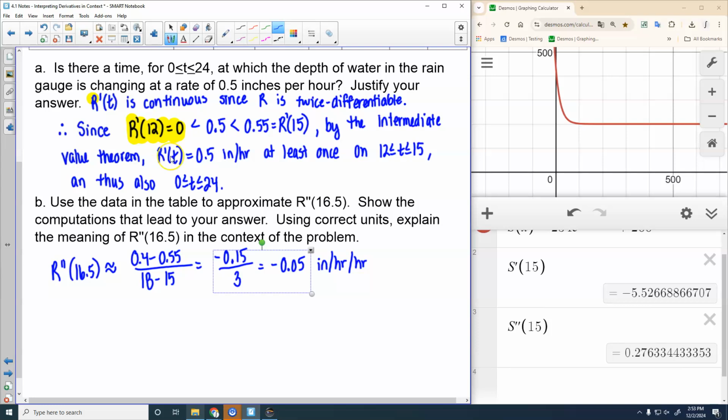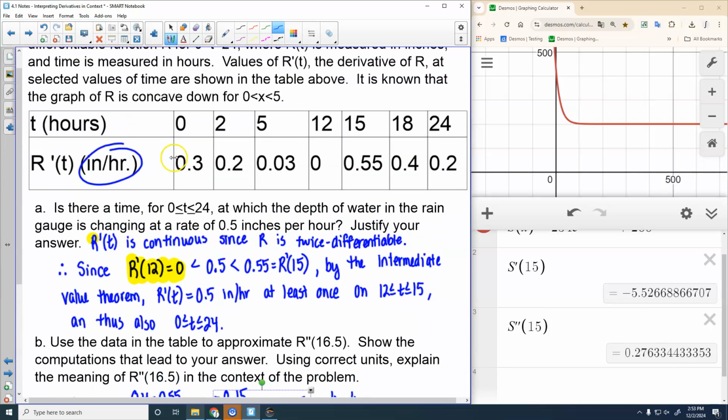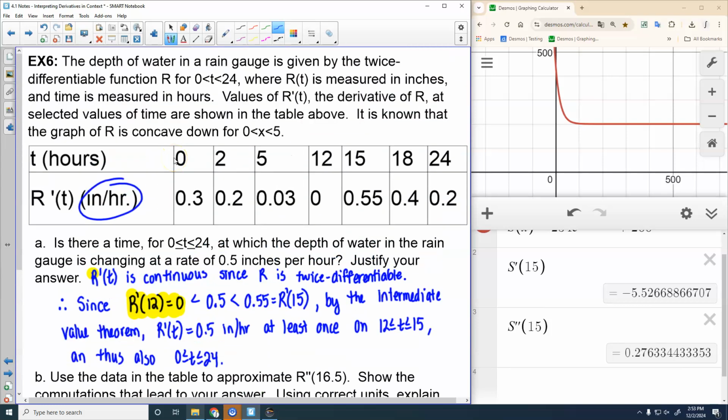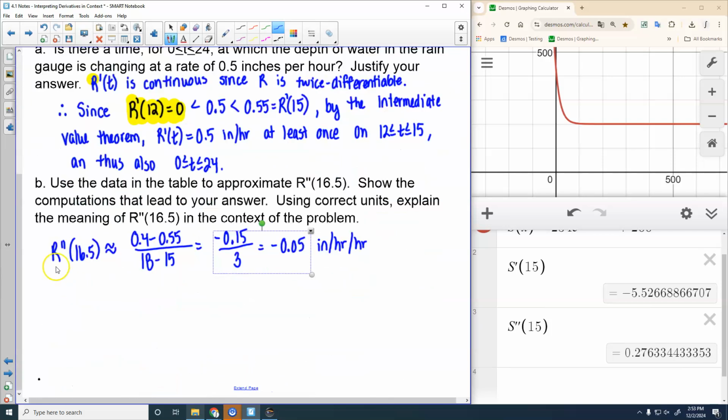So what is r anyway? What's r? It is our function. What is it measuring? Okay, the inches of water in the rain gauge, right? So we would begin with at 16.5.